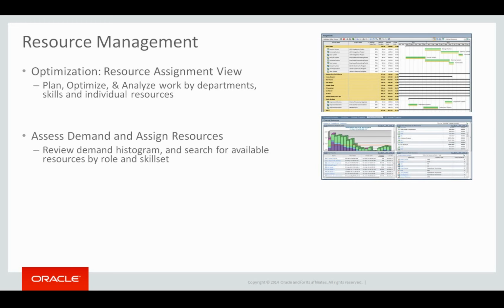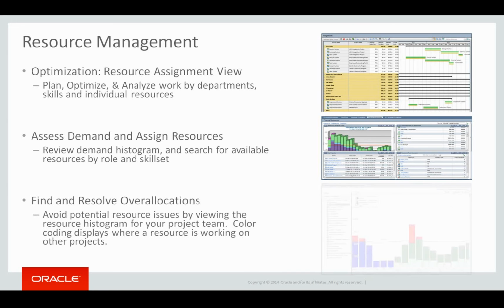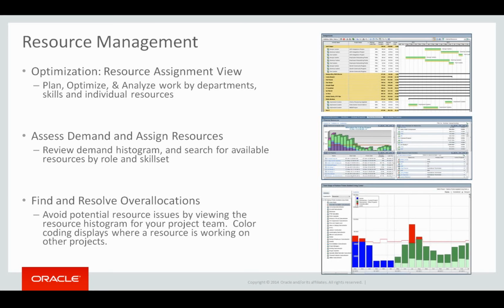The capability to assess the demand for resources across the projects and be able to assign resources to those projects efficiently. And tools to find and resolve resource overallocations. So to understand who's working on what and be able to move resources around to where they're needed to perform project work.